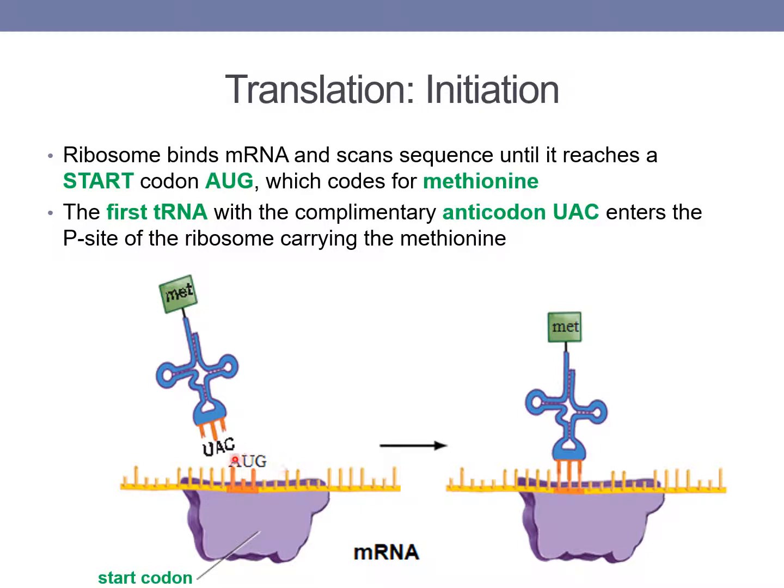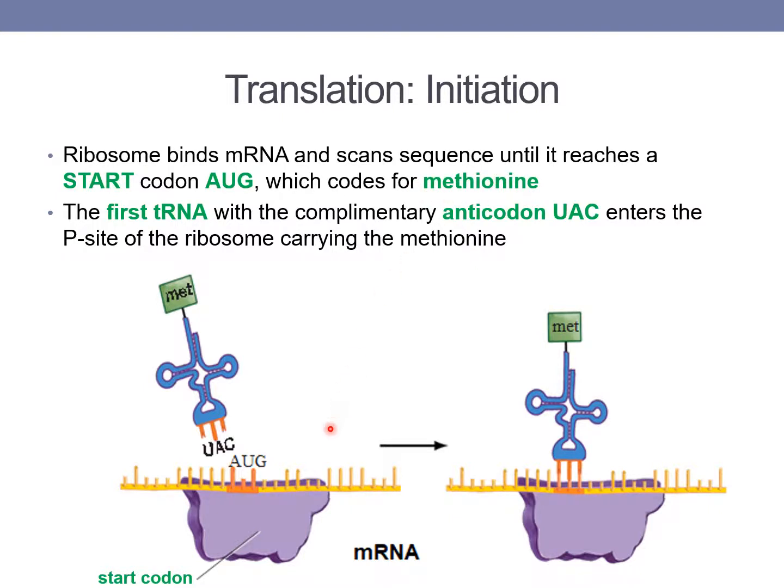3 nucleotides of RNA equals 1 codon. Every codon is going to code for 1 amino acid. So this codon, adenine, uracil, and guanine, codes for the amino acid methionine.